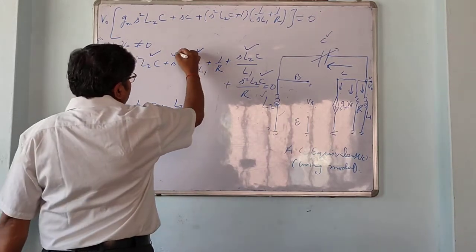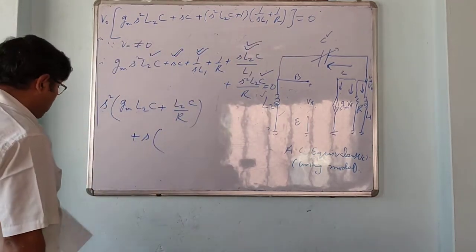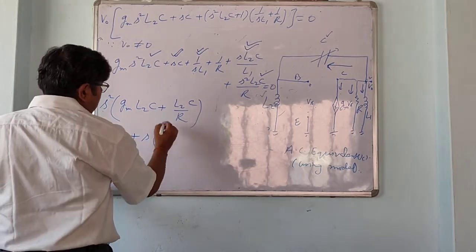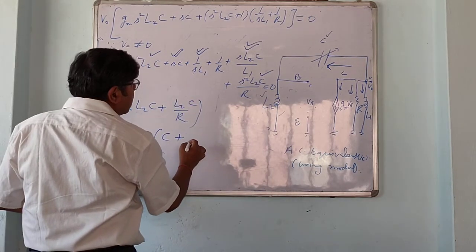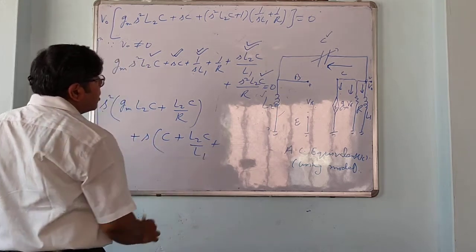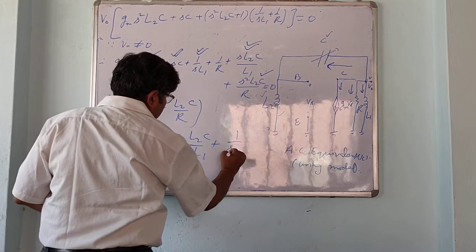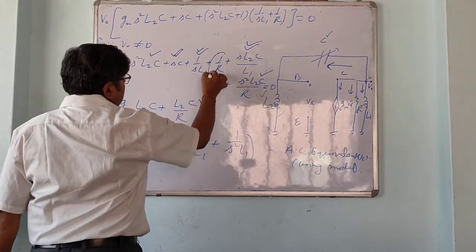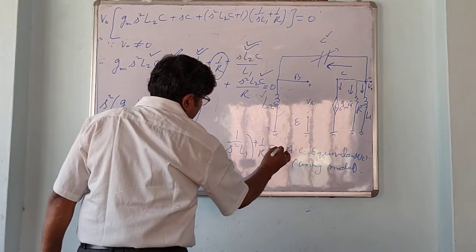You can collect all these three terms, take common, and write C plus L2C upon L1, plus from here 1 upon S square L, plus a constant term, which is 1 upon R, equal to 0.